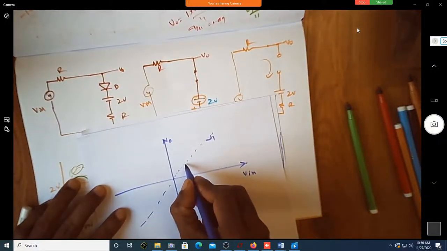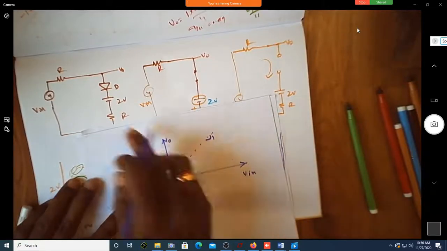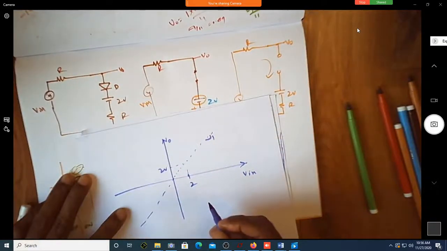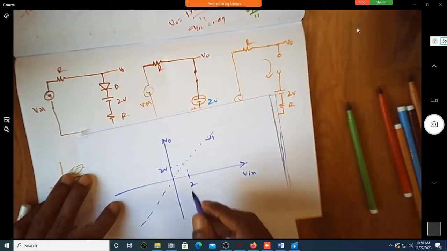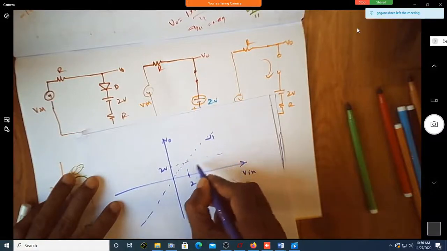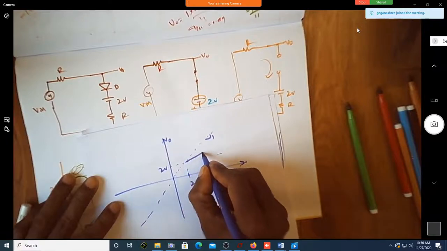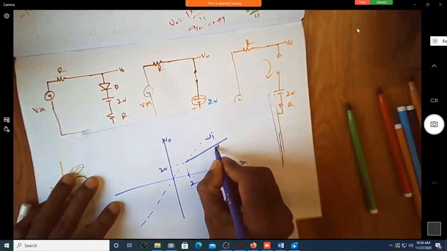Yes, sir. So now I'll make this. Anything more than 2, what is the output voltage? It will be 2 plus half of the input voltage. Now this is 2, of course this is 2 plus half of that. So plus half of means slope is half. Is the slope half here?